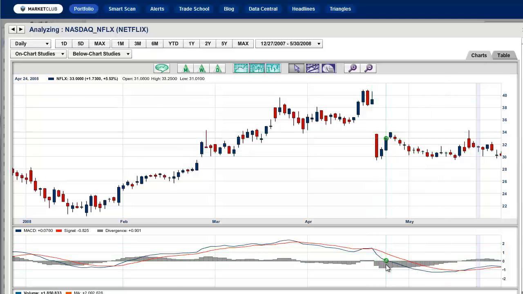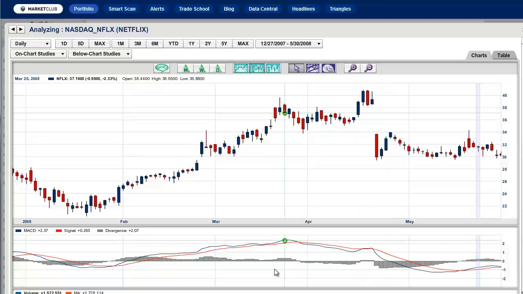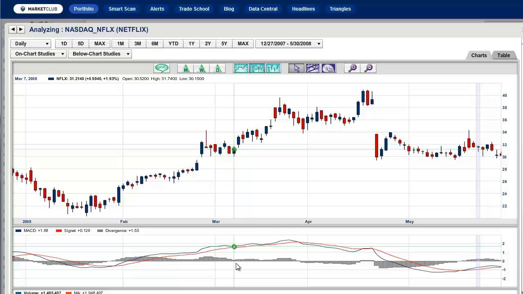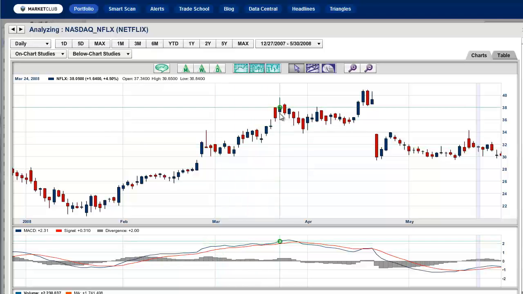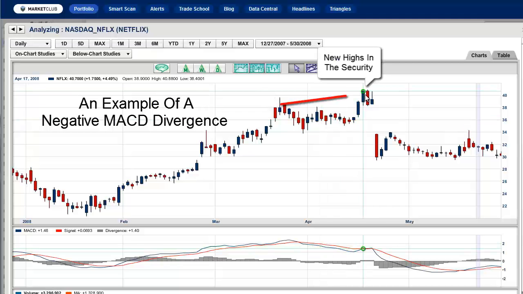Now you can get whipsawed using the MACD. There's no question about that, but you can use it very judiciously, and you can also use it for a very cool function. This is the reason I like this indicator, and how I use it is this way. We are talking about divergences, and as you can see on the chart, you have the prices making a high here, falling back, and then making another new high.